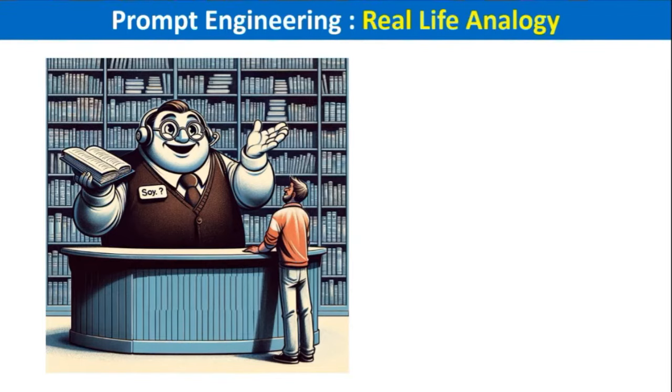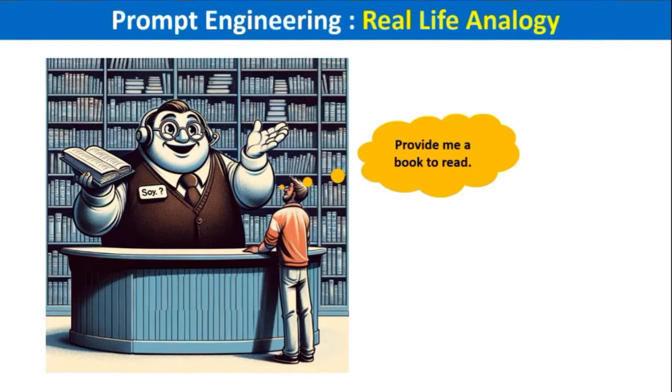So the librarian's expertise and the library books are similar to the capabilities and knowledge embedded within an LLM. Now suppose you are a visitor to this library and you simply tell the librarian, please provide me a book to read. Here, you leave a lot open to interpretation. The librarian might suggest anything, and it might not meet your expectations or reading preferences.